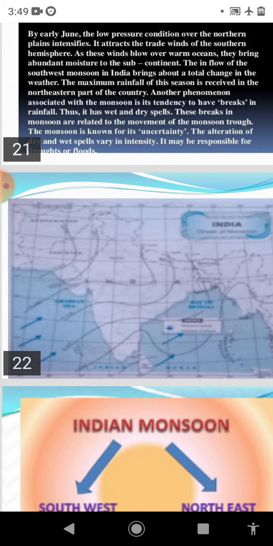One branch moves westwards along the Ganga plains, reaching as far as the Punjab plains. The other branch moves up the Brahmaputra valley in the north and northeast, causing widespread rains in northeastern India. Its sub-branch strikes the Garo and Khasi hills of Meghalaya.